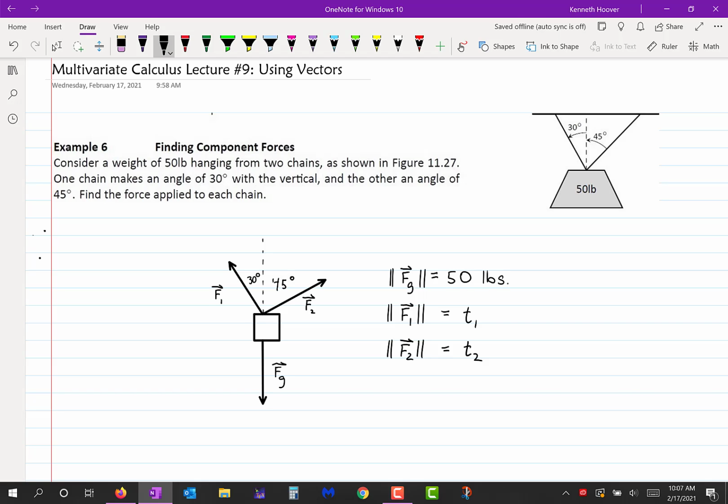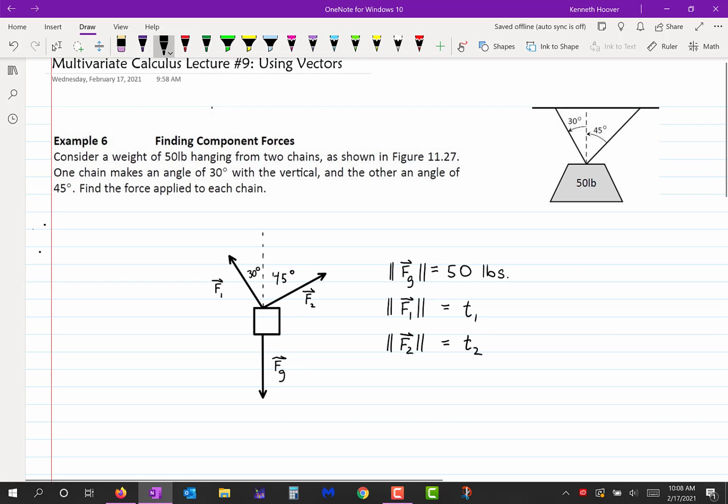Now, look at the downward force. Imagine an XY axis there. Imagine that those forces are all emanating from the XY axis. Okay? How would you write the downward force? Do you agree that it would be this?